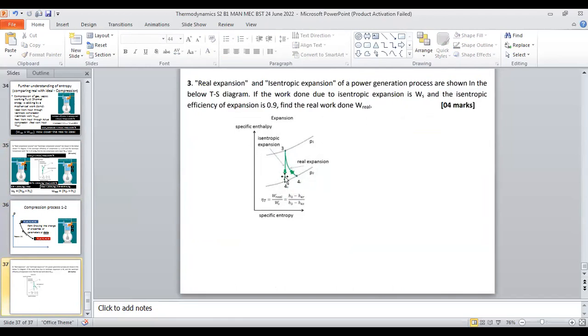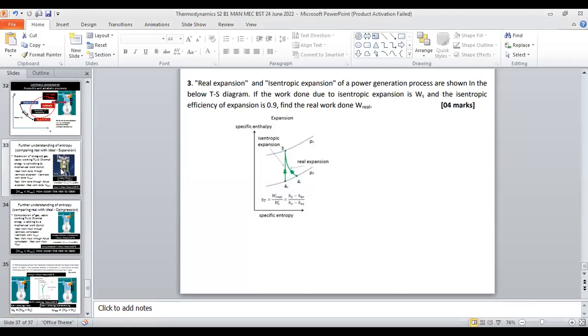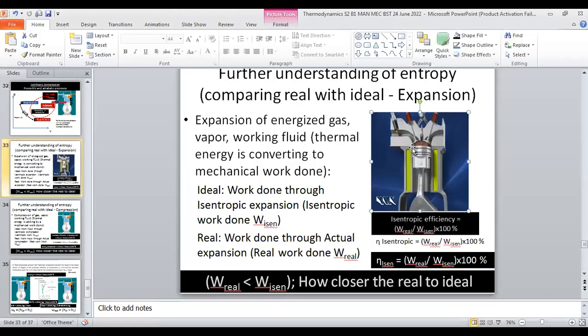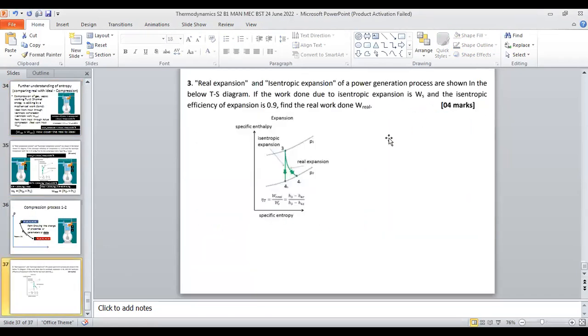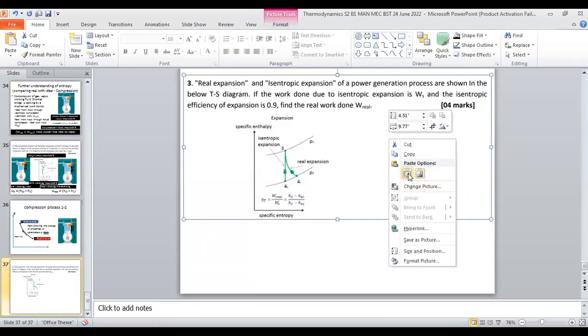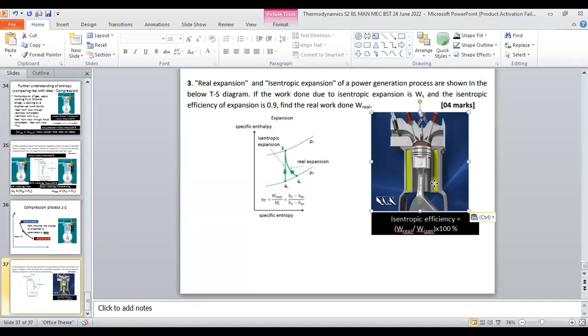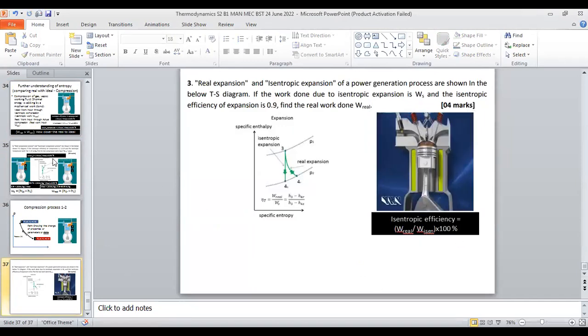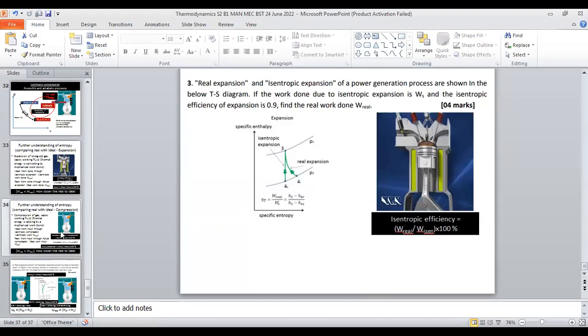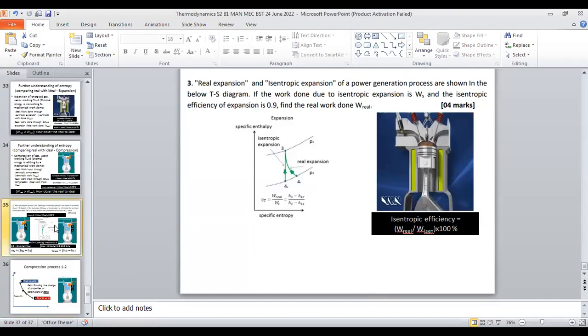Again, you come with your imaginations, expansions, and you have the efficiencies. So this is 3 and 4.